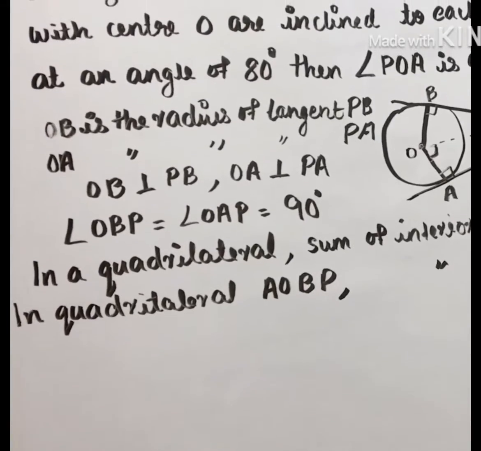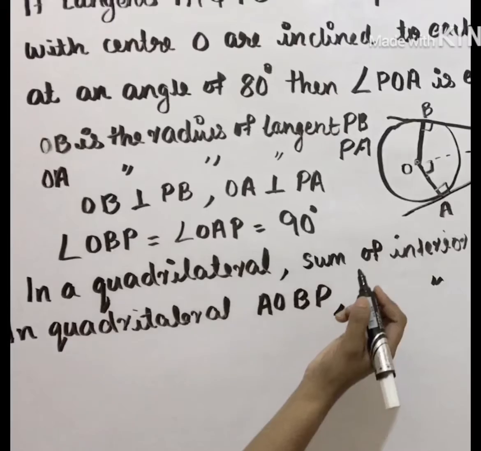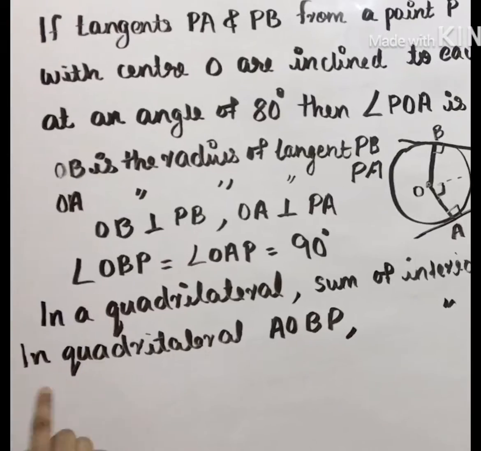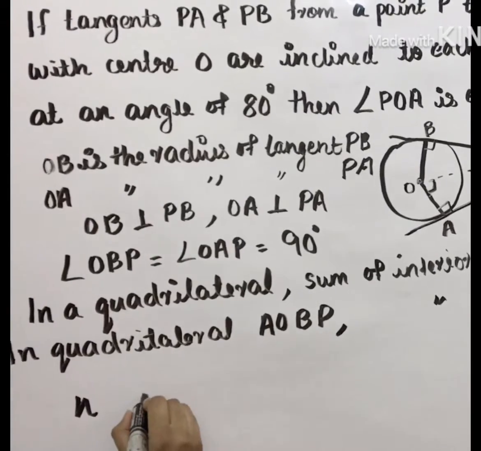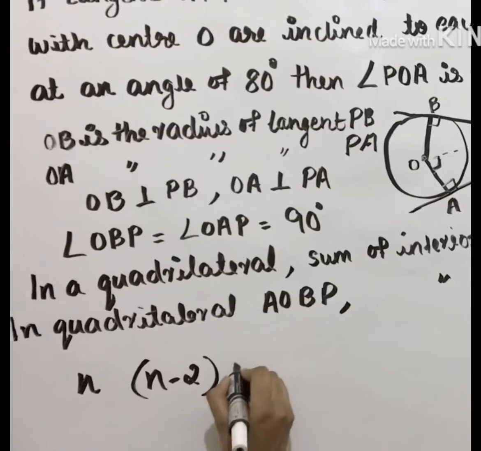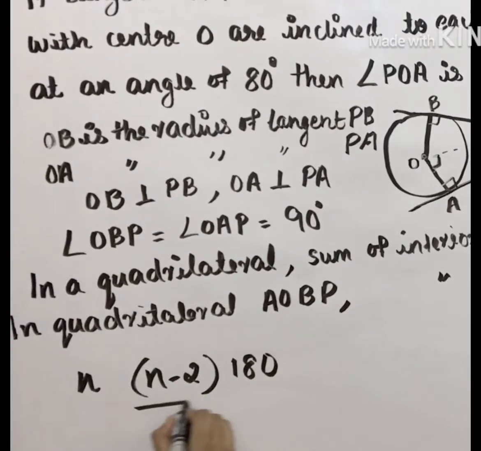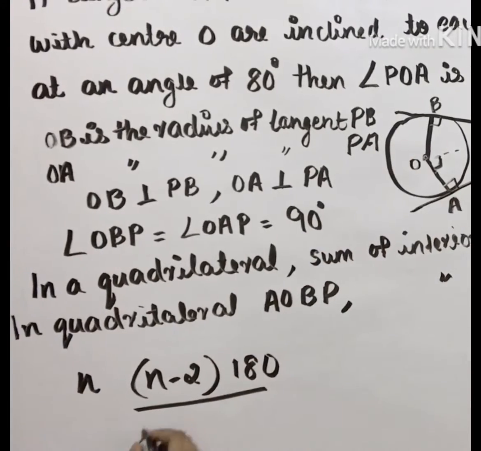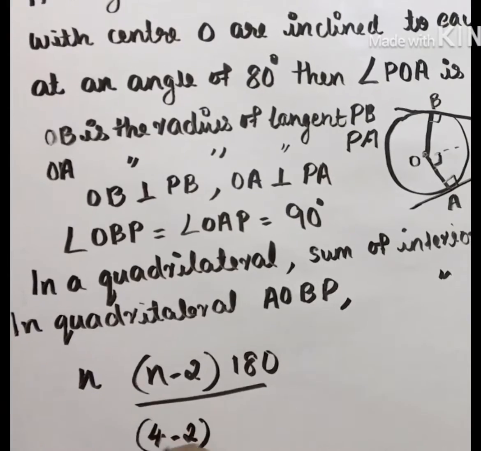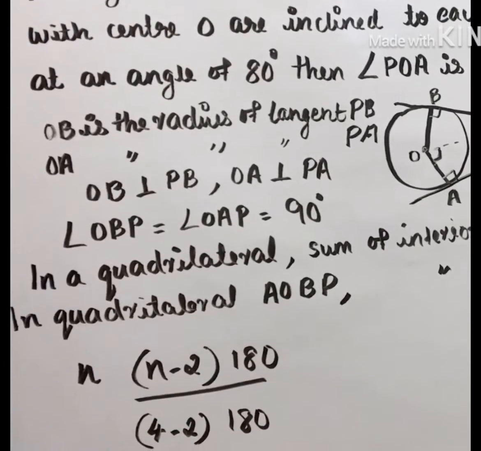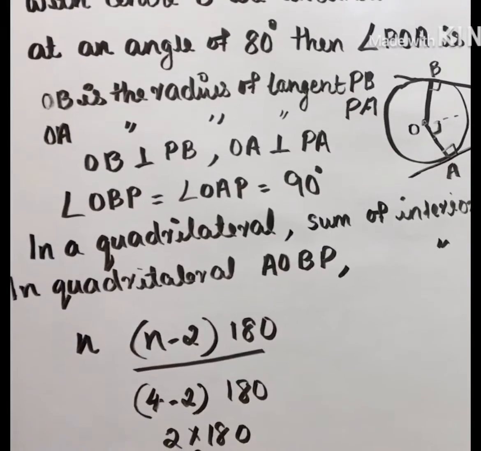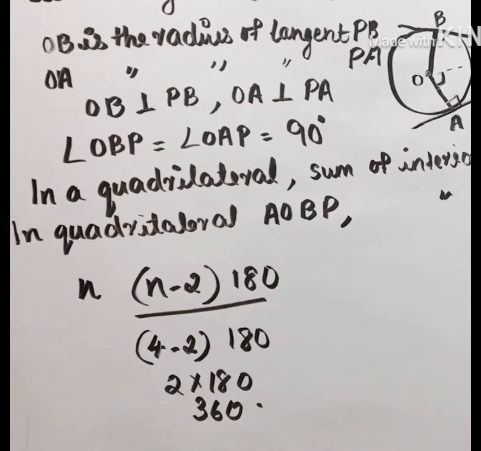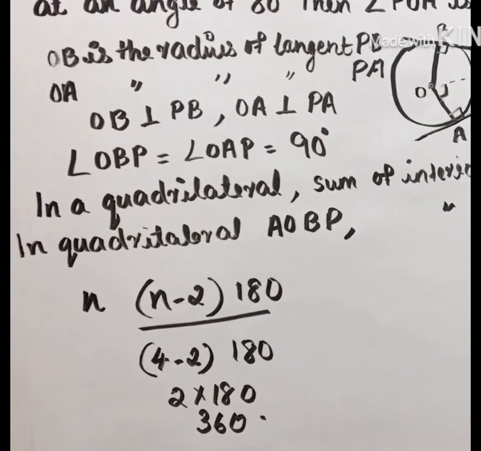We know this equation: the sum of interior angles of an n-sided polygon is (n minus 2) into 180. Here n is equal to 4, as AOBP is four-sided. So 4 minus 2 into 180, that is 2 into 180, which is 360. Therefore, in a quadrilateral, the sum of interior angles is 360.